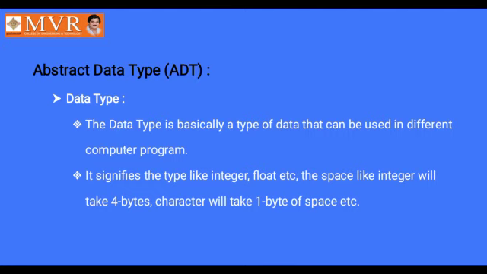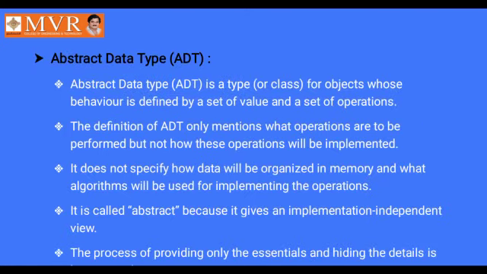If we are dealing with alphabets, then the data type will be characters. So the type of data we are dealing with in our programs or computation process is called a data type. We have different data types. Some of them are integer, character, float, double, etc. This is about data type.